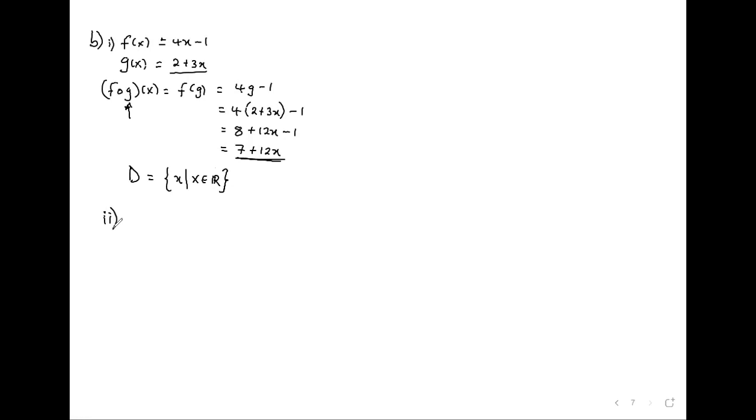The second piece, okay, on the same, we are supposed to get g of f of x, meaning g of f. That is, in g, you take f there. But you know what that f is? It is 4x minus 1.